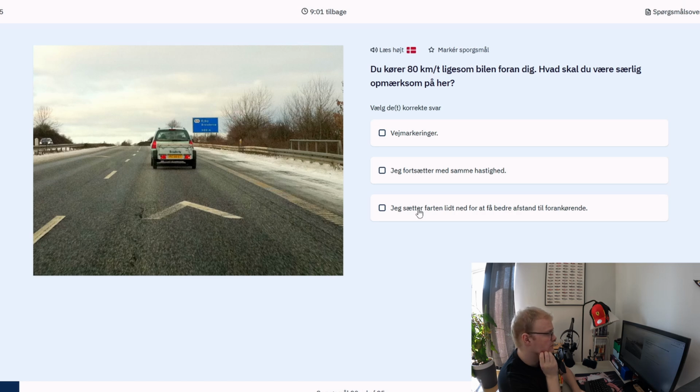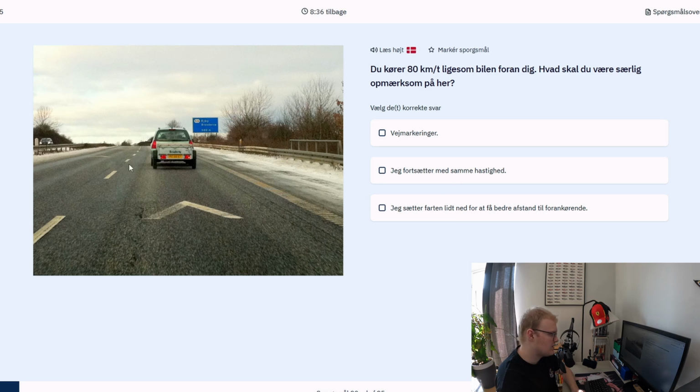I'm not sure what this specifically means. I just think it's traffic goes this way, so I'm not going to be that observant of that. I would say we're driving the same speed, so I won't be overtaking. That is unnecessary. I can continue with the same speed.